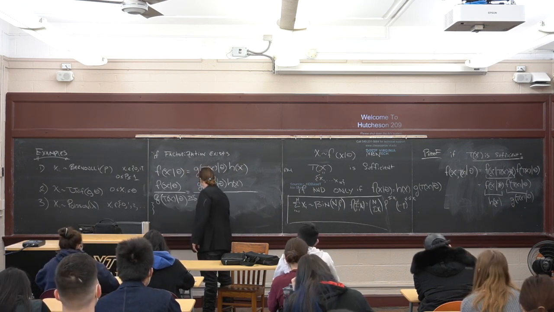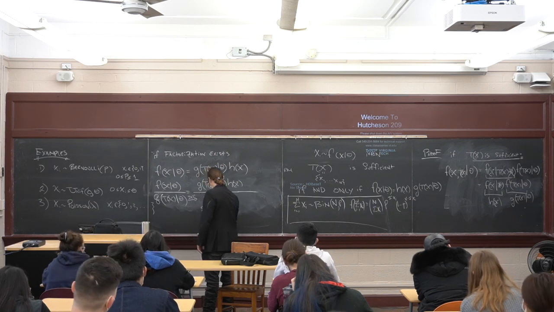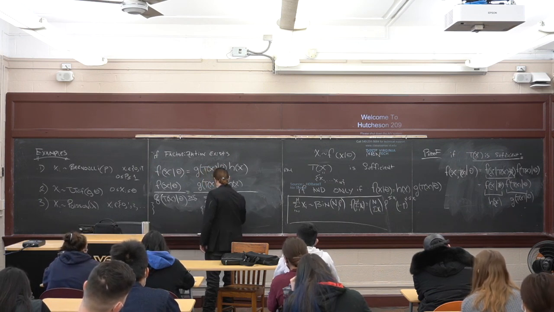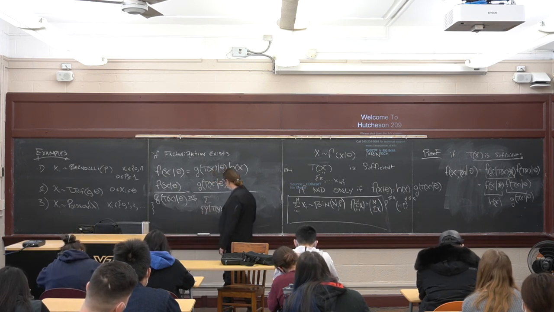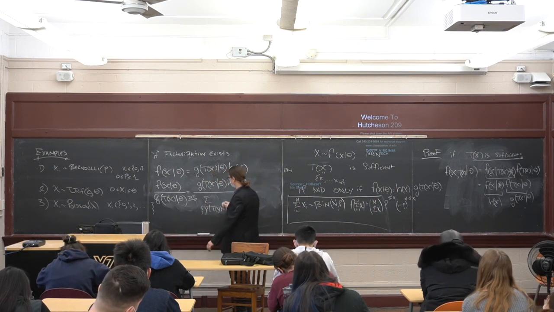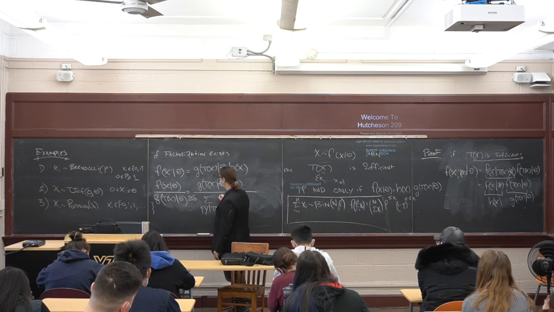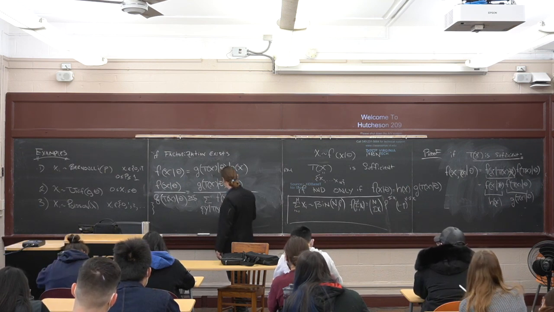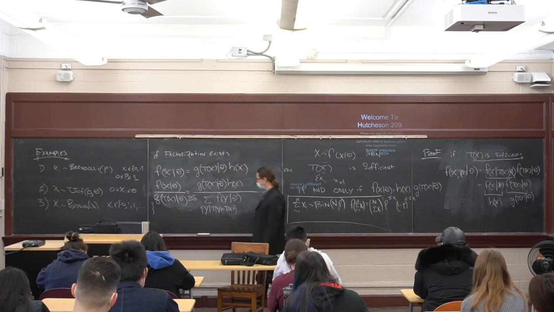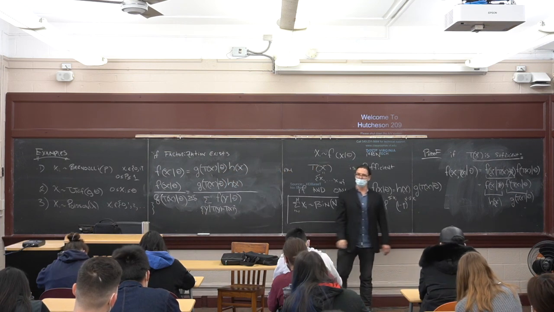This is going to be the sum over y such that T(y) is equal to T(x). I should probably make these caps. And then you write down that this is going to be f of y given theta. And I want to talk about this step for a moment.